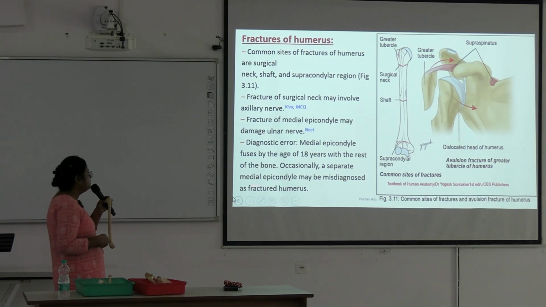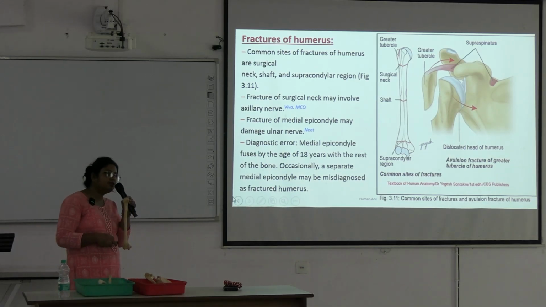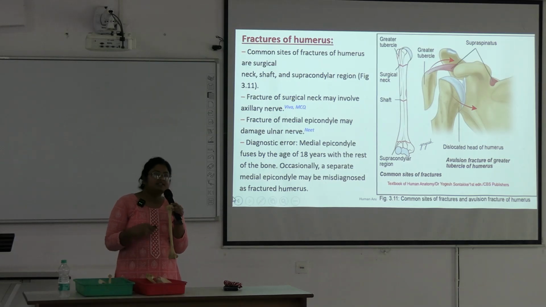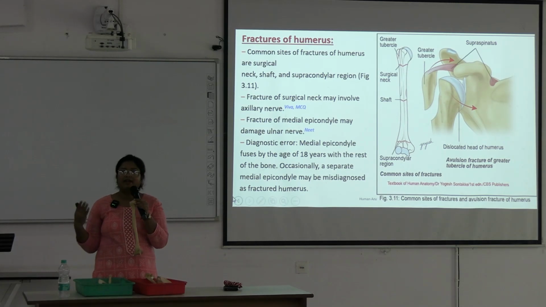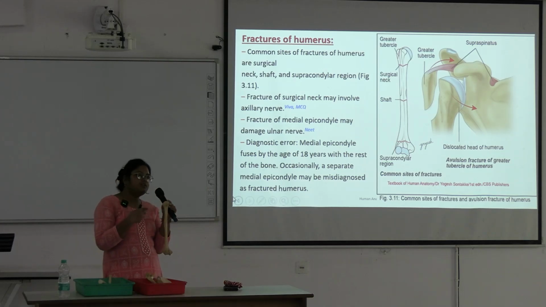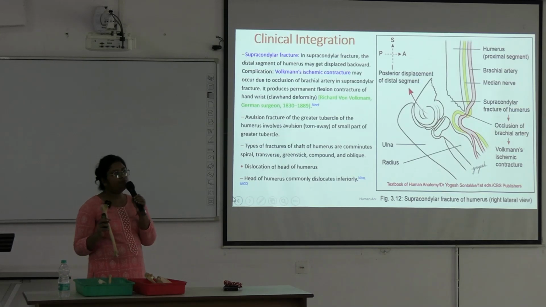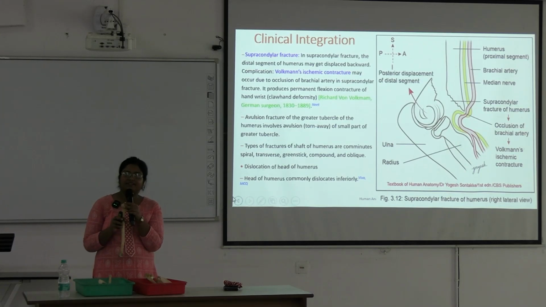Occasionally, a separate medial epicondyle may be misdiagnosed as fractured humerus. Okay, if you do an X-ray before 18 years, there may be epiphyseal line. Epiphyseal line will appear black in the X-ray. So, it may be misdiagnosed as a fracture. Next, that's why you have to know the correct time of fusion of the epiphyseal centers.